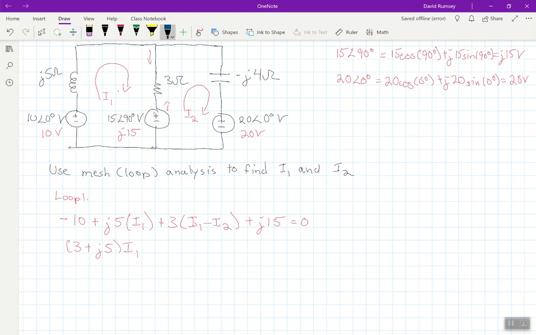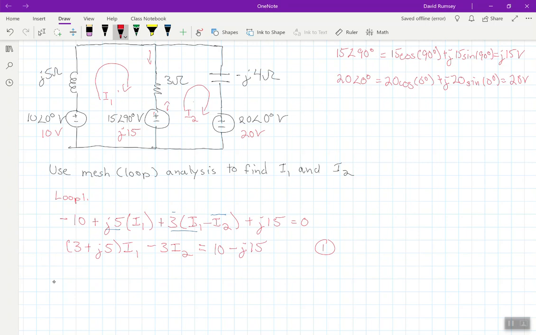What I did there is I combined this j5 and this 3 I1, minus 3 I2. That is equal to, and then I move the negative 10 to the other side, so that'd be positive 10. Move the positive j15, so that would be minus j15. And so here is one of my equations, equation 1.